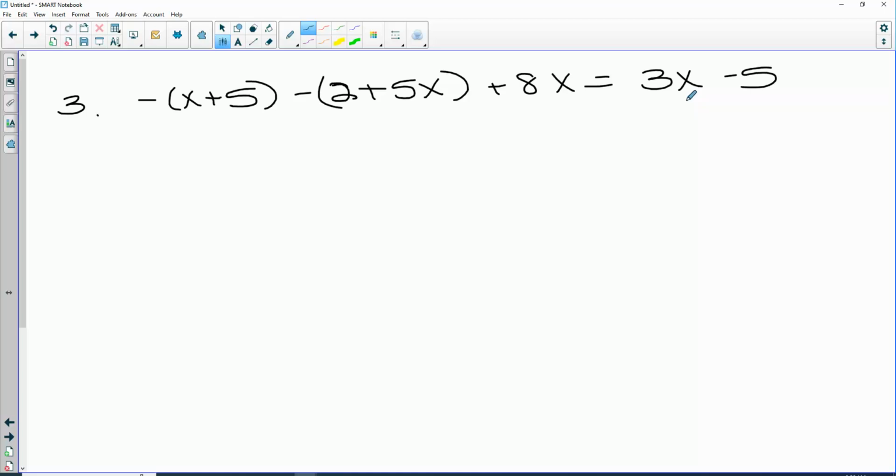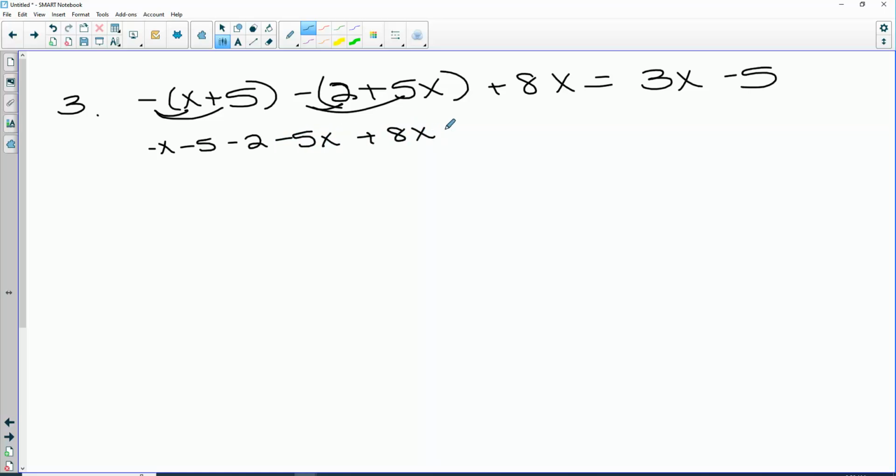Somebody's gonna tell me something. I'm just gonna sit here until you do. Distribute. What would I distribute through the first one? It's like a negative 1. So negative 1 times x is negative x. Negative 1 times 5 is negative 5. Through the second parenthesis, we're also distributing a negative 1. So negative 1 times 2 is negative 2. Negative 1 times 5x is negative 5x.